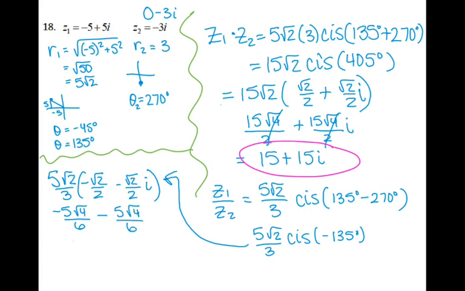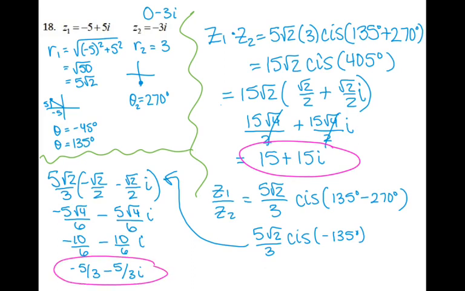So let's see. Root 4 is 2. So that gives me negative 10 sixths minus 10 sixths i, also known as negative 5 thirds minus 5 thirds i. All right, there is the quotient.